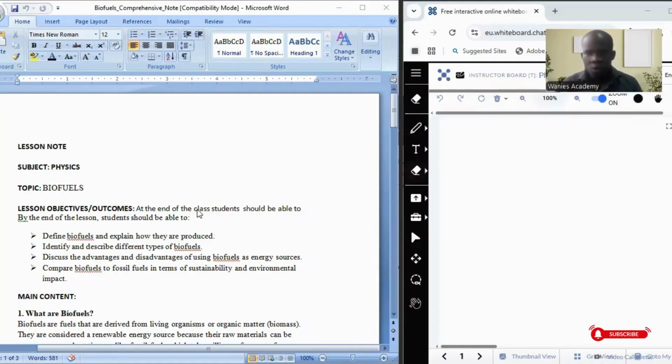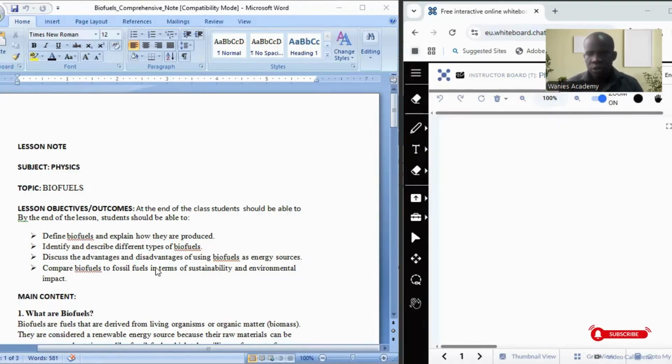So today we are looking at biofuels. That's the topic we're looking at today. And then we have 4 lesson objectives today. Number 1, we're going to look at the definition of biofuels and explain how they are produced. Then our second lesson objective is to identify and describe different types of biofuels.